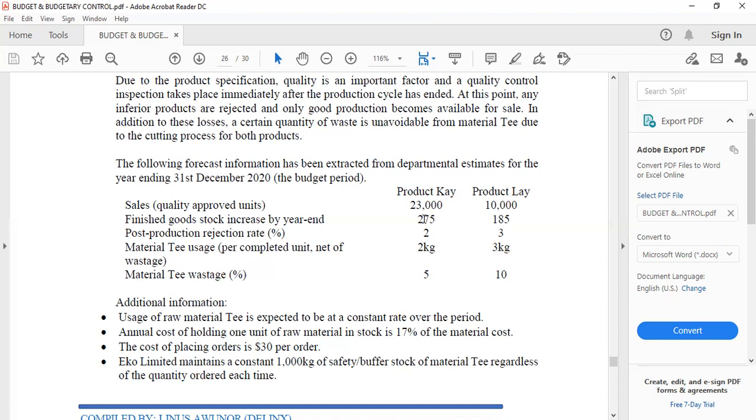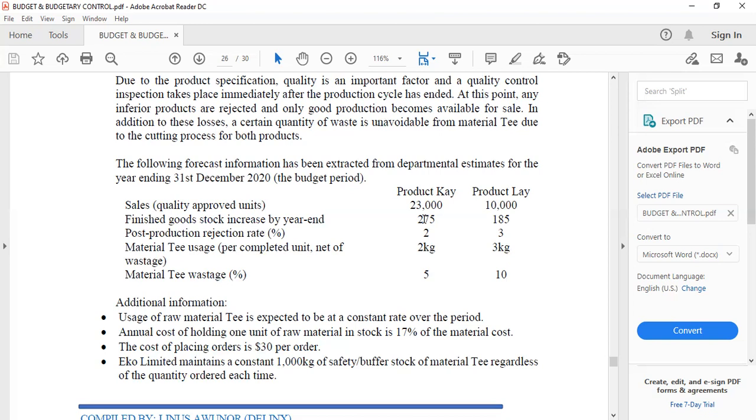So the first thing that we have to do is find the production level after the rejection. So after rejection, what is the quantity of the goods left? That is the first thing we have to do. We want to sell 23,000, and at the end we should have 275 left again.